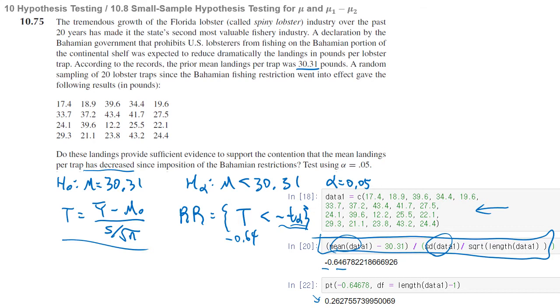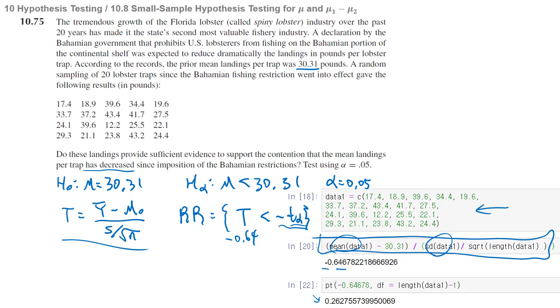This is qt of 1 minus 0.05, and the degrees of freedom is 19, so it would be minus 1.73.